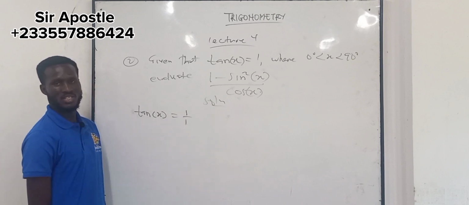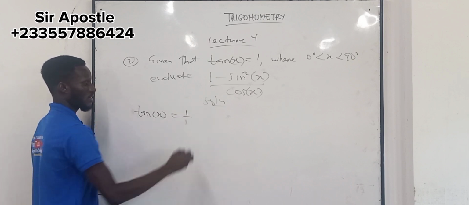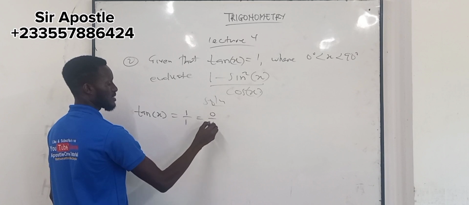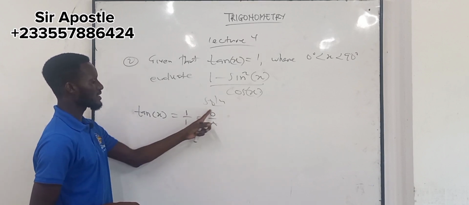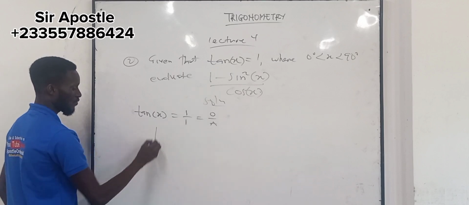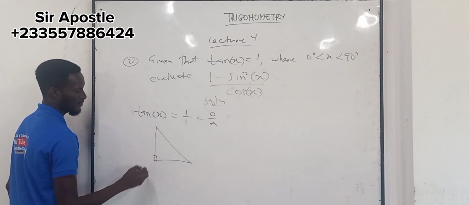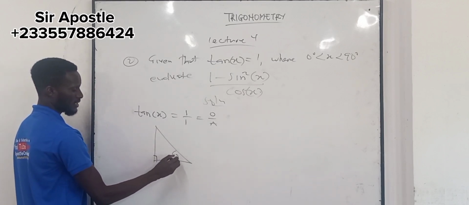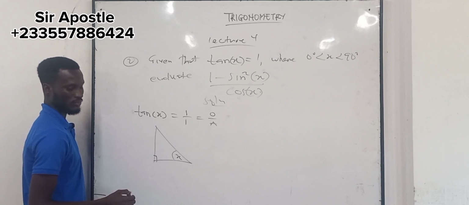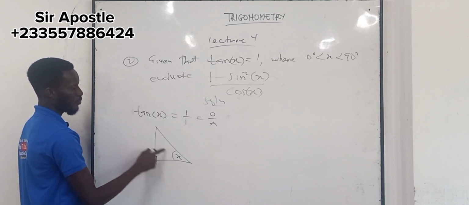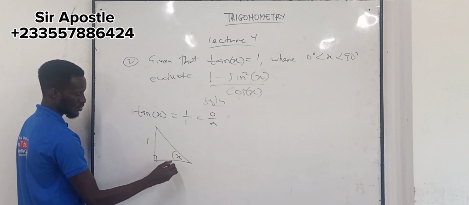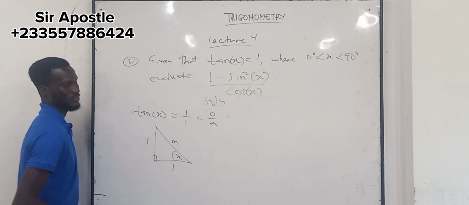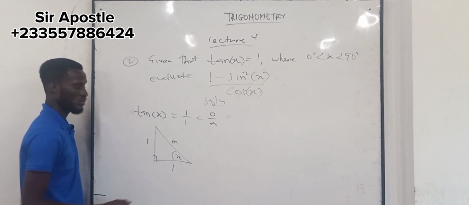Now 1 is the same as 1 over 1. Yes. And tan is opposite over adjacent. The opposite is 1, the adjacent is 1. So for my right-angled triangle, I'm going to get the angle here to be x. My opposite is 1. And then the adjacent here is also 1. Hypotenuse, we don't know. So we're supposed to solve for the hypotenuse.